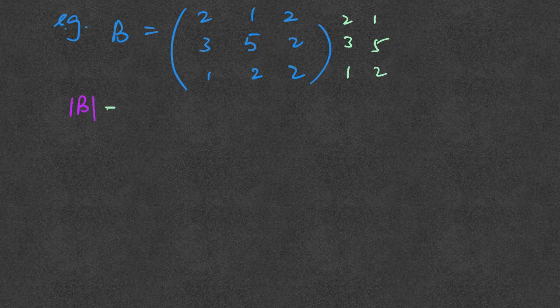So I do the work by myself. It would be 2, 5, 2, 4, 5, 20, 1, 2, 1, which is a 2. 2, 3, 2, which is a 12.